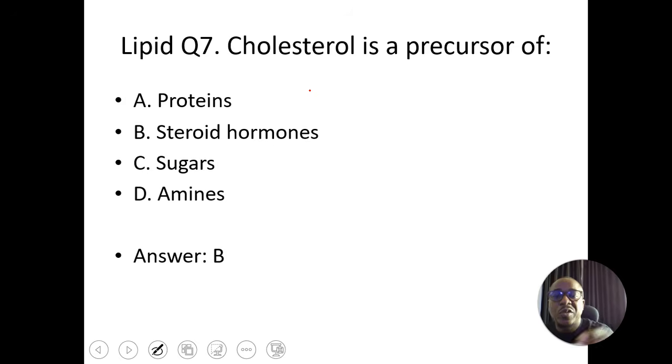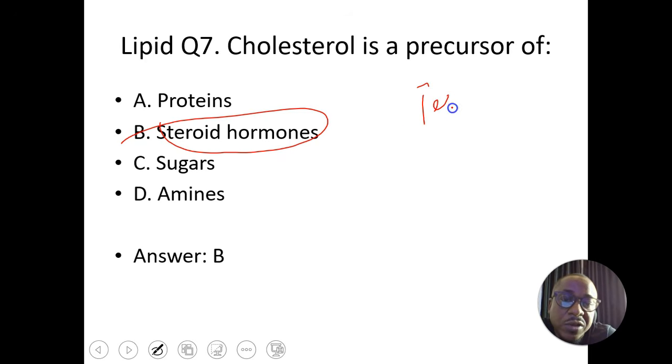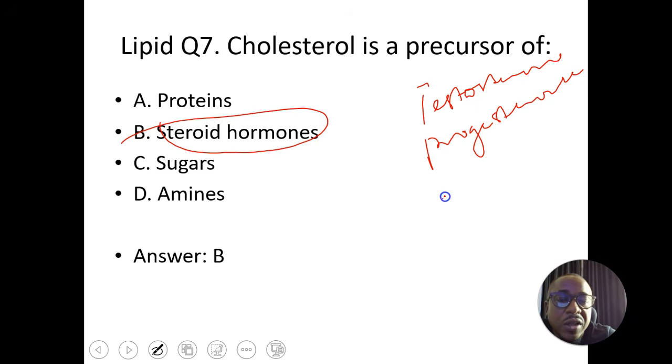Cholesterol is a precursor for steroid hormones. So cholesterol is used to synthesize both male and female hormones like testosterone, progesterone, and estradiol, the female hormone.